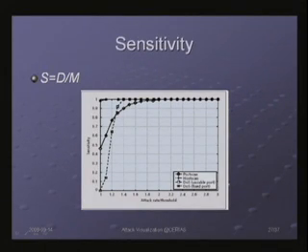The sensitivity is basically, okay, there were 100 attacks inserted in that legitimate traffic, and how many among the 100 does the software catch? So that was the sensitivity. S is the sensitivity here, D is the number of detections, and M is the number of mounted attacks.